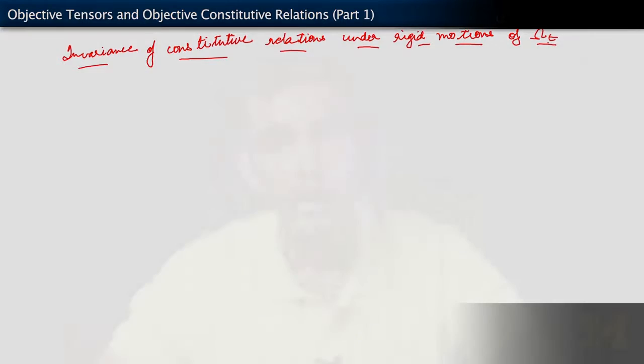We're now going to look at the invariance of constitutive relations under rigid motions. Okay? Importantly, when we talk about rigid motions on omega t, we're really talking of these kinds of situations.